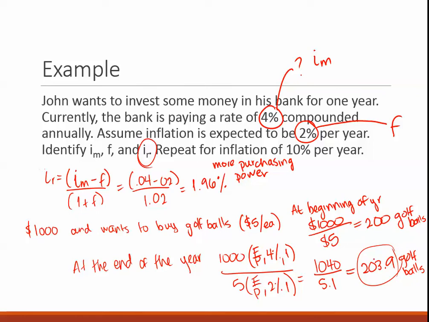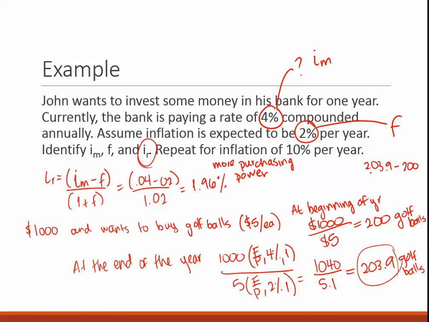And what is the percentage change? So if you do 203.9 minus 200, I'm doing it in my calculator. I can do this, but I'm going to calculate the whole thing. Divided by 200, oh sorry, I forgot that part.